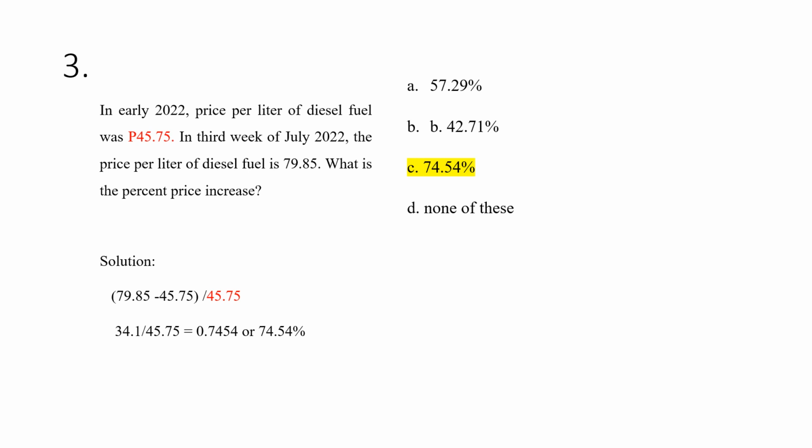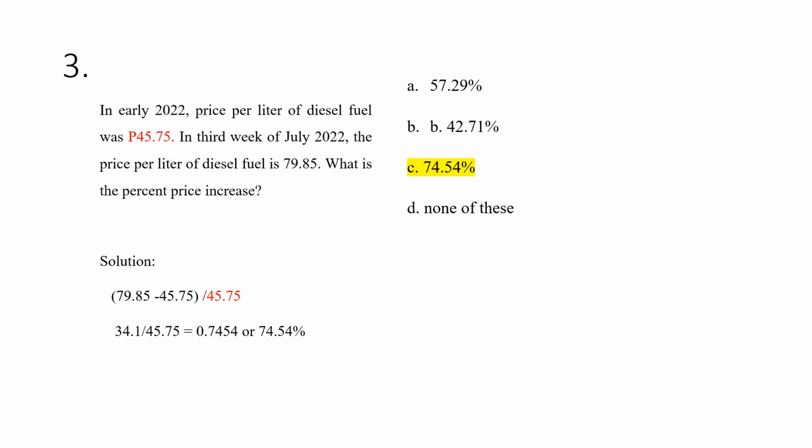For item 3, the price of diesel increased from 45.75 to 79.85. Because we're accounting for the percent price increase, we have to be aware that the base reference for this computation will be the original price highlighted in red, which is 45.75.